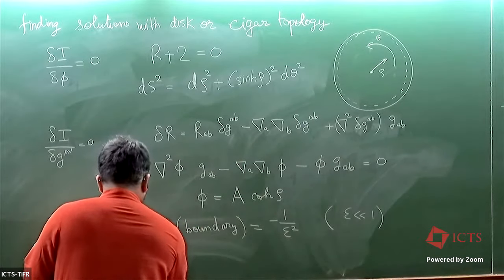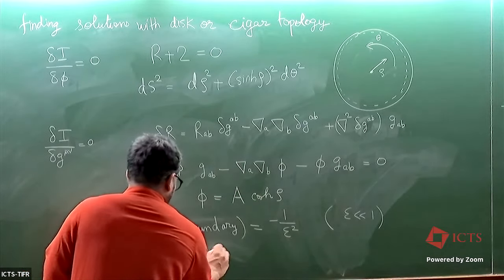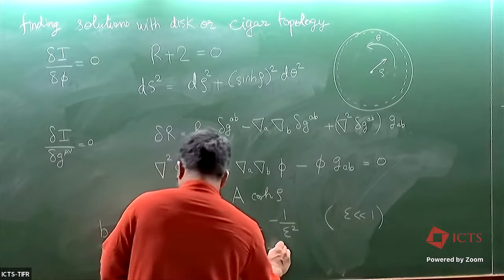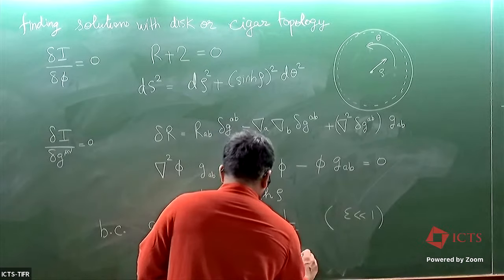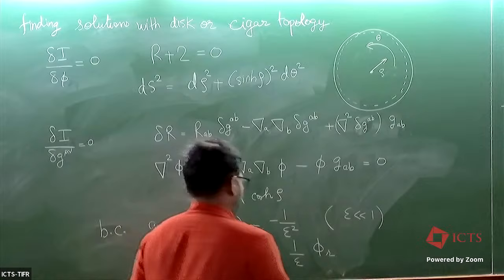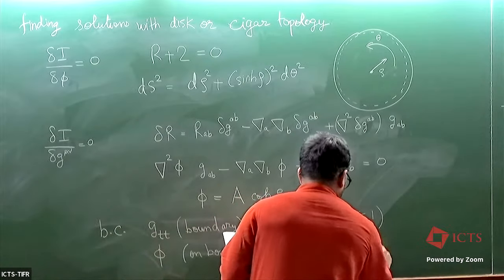And then phi on the boundary should also be big, and it should be 1 over epsilon times a number phi_r. Phi_r has dimensions of length.